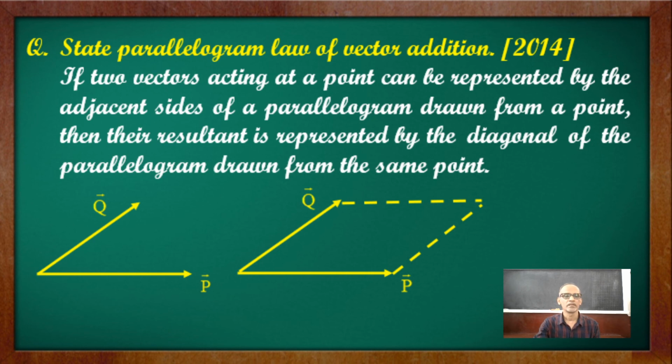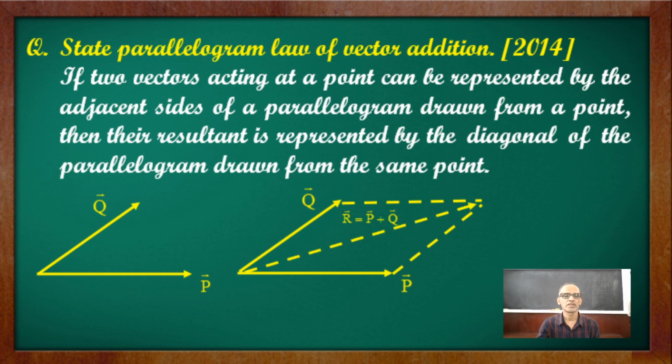And then the law states that the resultant is represented by the diagonal of the parallelogram drawn from the same point. You can see the vectors are drawn from here, so therefore the diagonal is also drawn from the same point, and that diagonal drawn from the same point gives the resultant of the two vectors.